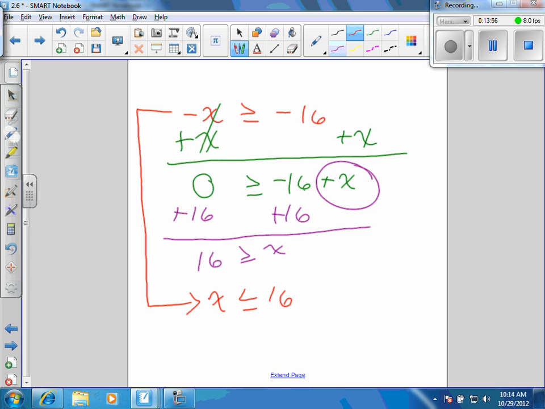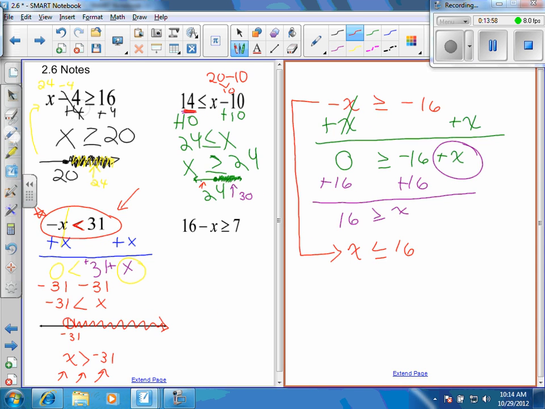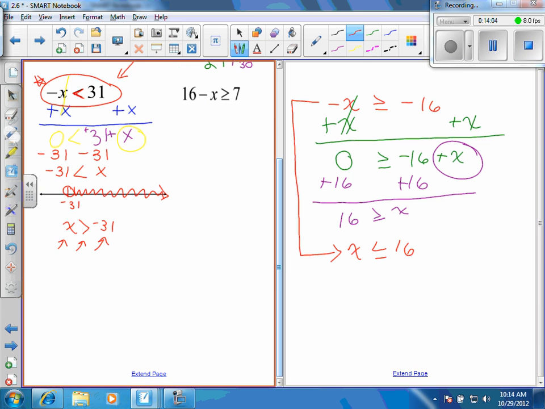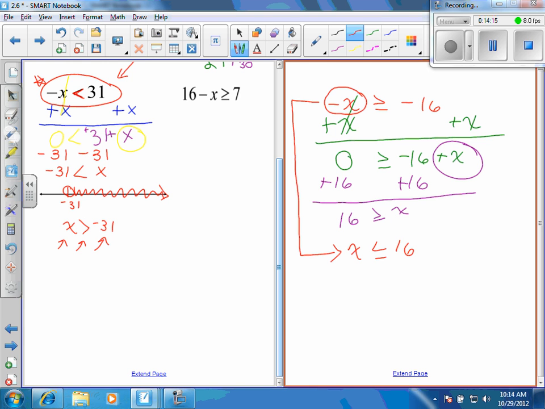If we go to 2 pages here, I still think the long way is easier. The long way may be easier for some people all the time, and that's fine. So if we look at what we started with on both sides, if you have a negative x here, and you end up with a positive x here, what happened to the sign?